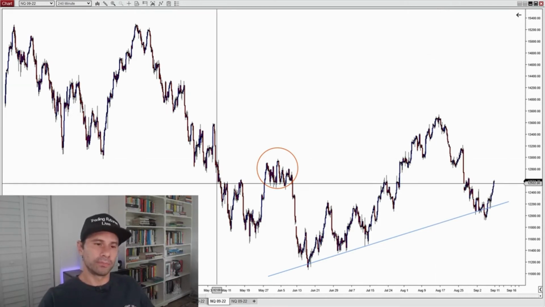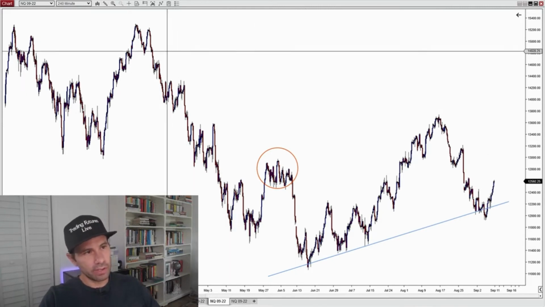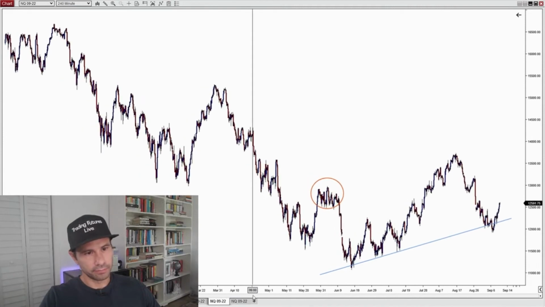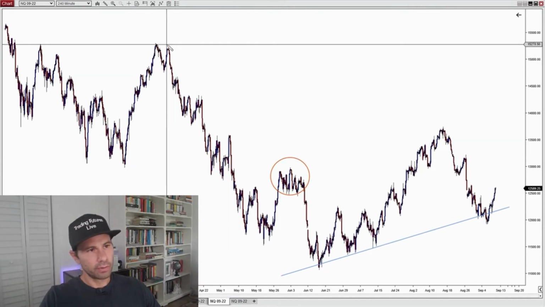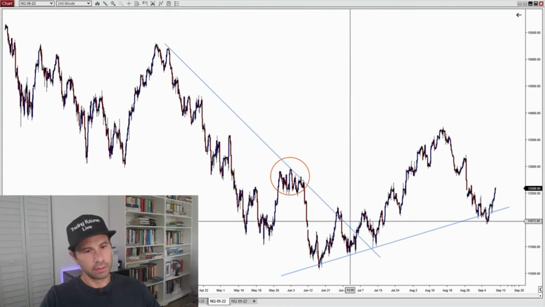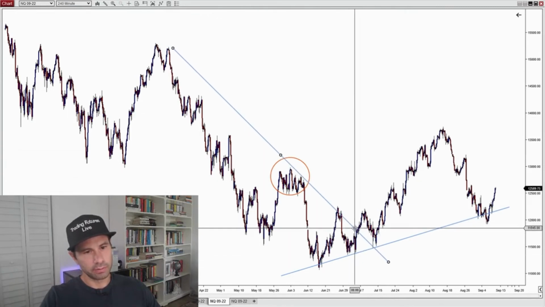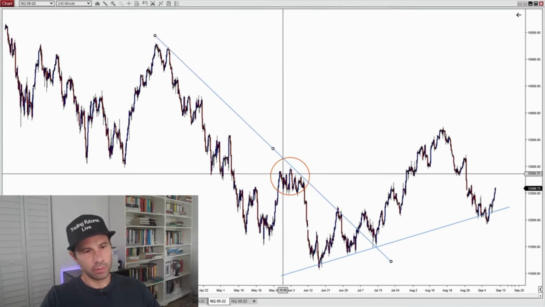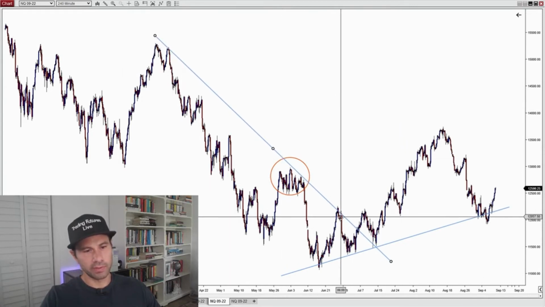All right. So if we continue here, if we see this downtrend, right? We did have this. So we had this pivot, we have this pivot, and then we had this pivot, right?